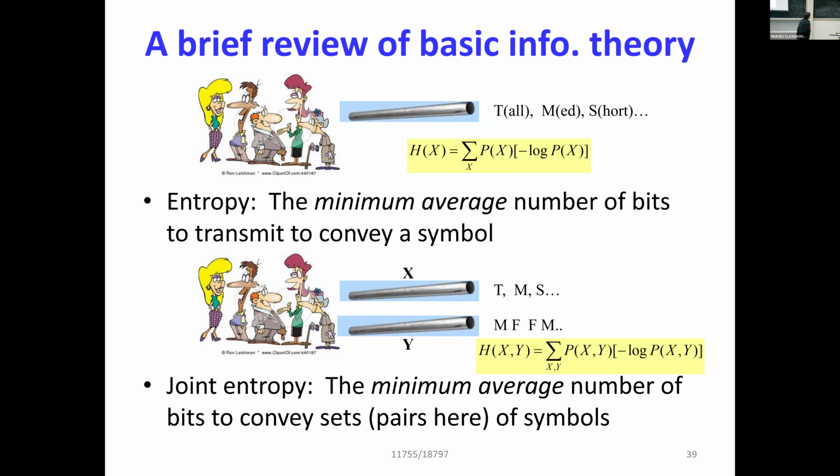This is just going to be how much money I'd be spending to send the gender, right? That's the optimal, the lowest amount I'm going to spend on sending gender. But once I send the gender, the other guy's got the gender, so I can send the height, right? And so in general, you're going to get H of X comma Y is going to be H of X plus H of Y given X.